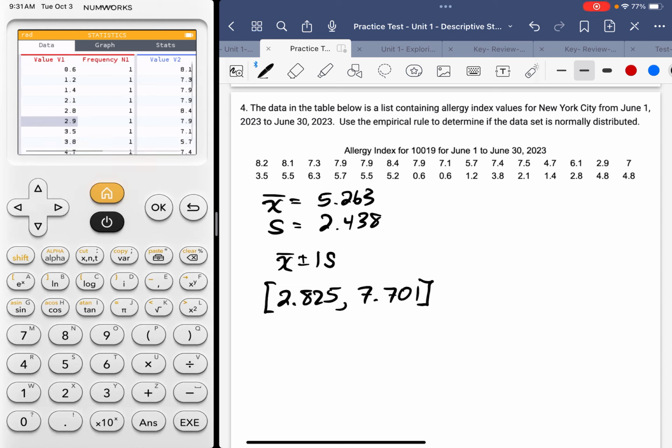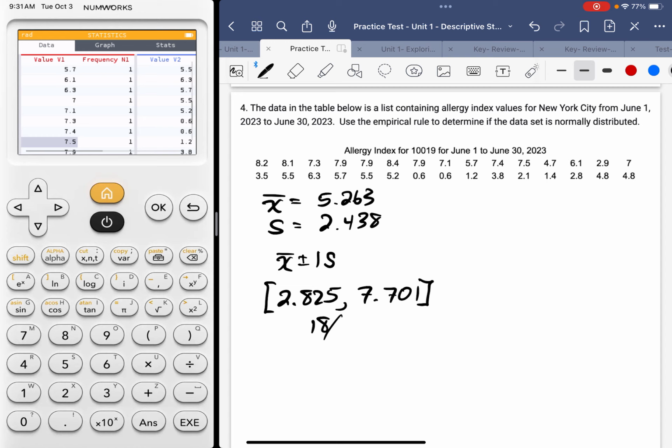So 2.9, 3.5, so three values, 3.8, 4, 5, 6, 7, 8, 9, 10, 11, 12, 13, 14, 15, 16, 17, 18 values out of the 30, I think. 4, 5, 6, 7, 8, 9, 10, 11, 12, 13, 14, 15.